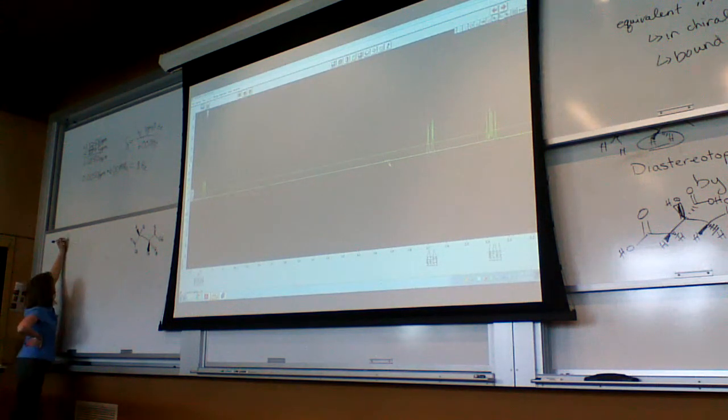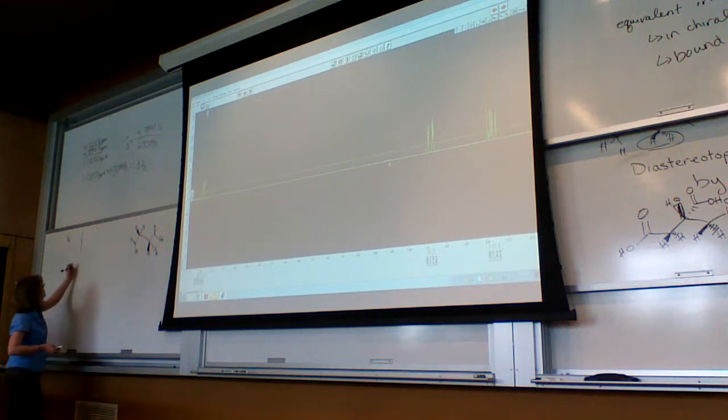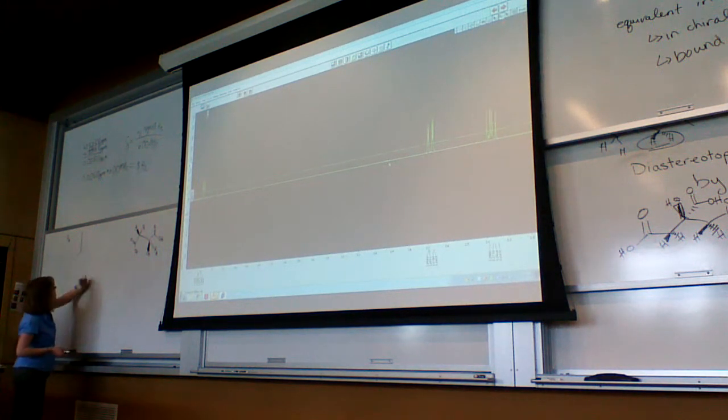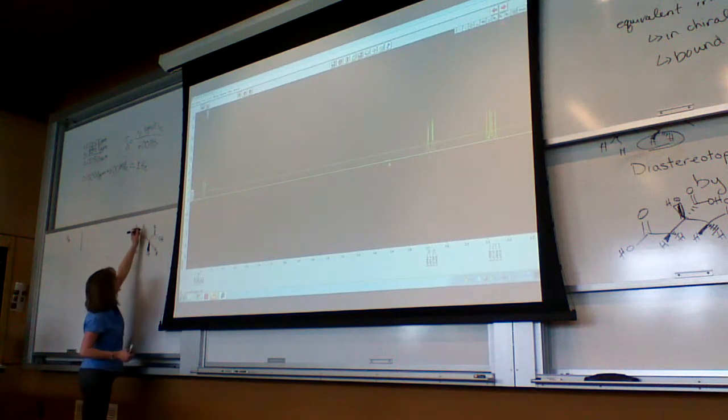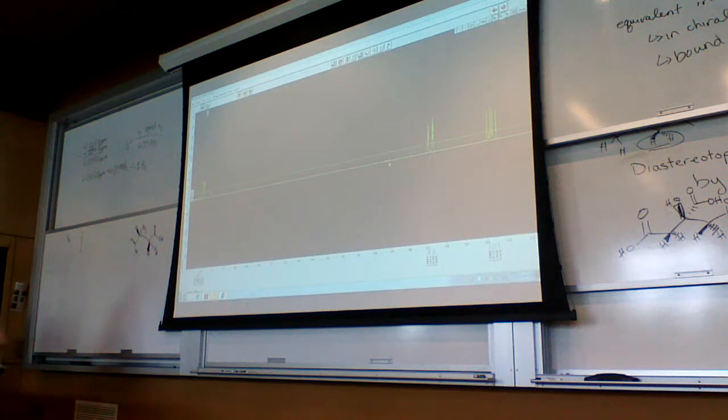For HA, we've got what started out as one signal, got split into 2 peaks by one of its neighbors. Let's see.